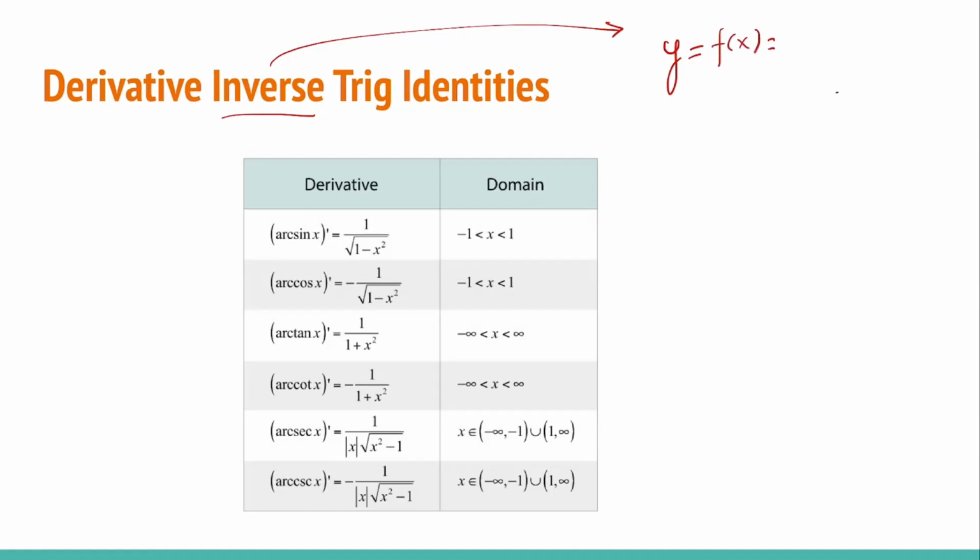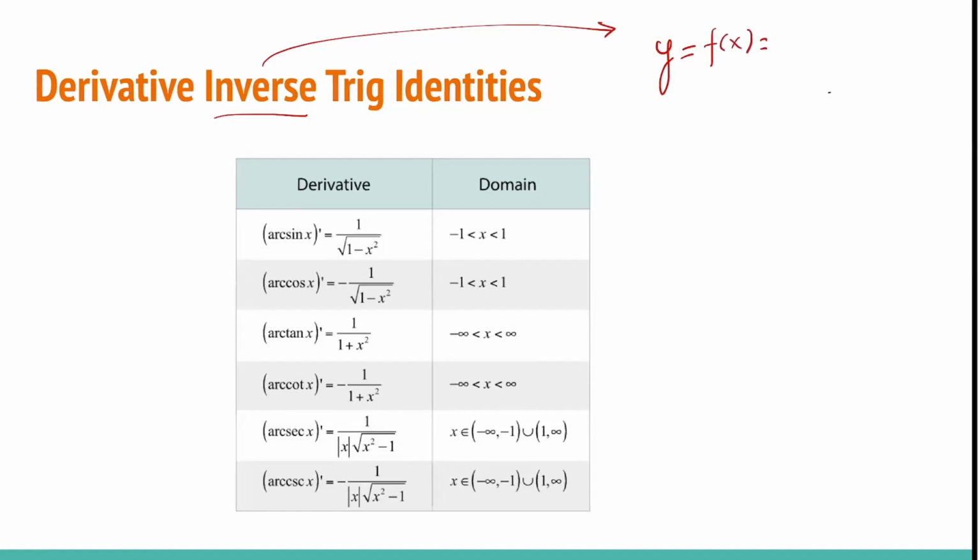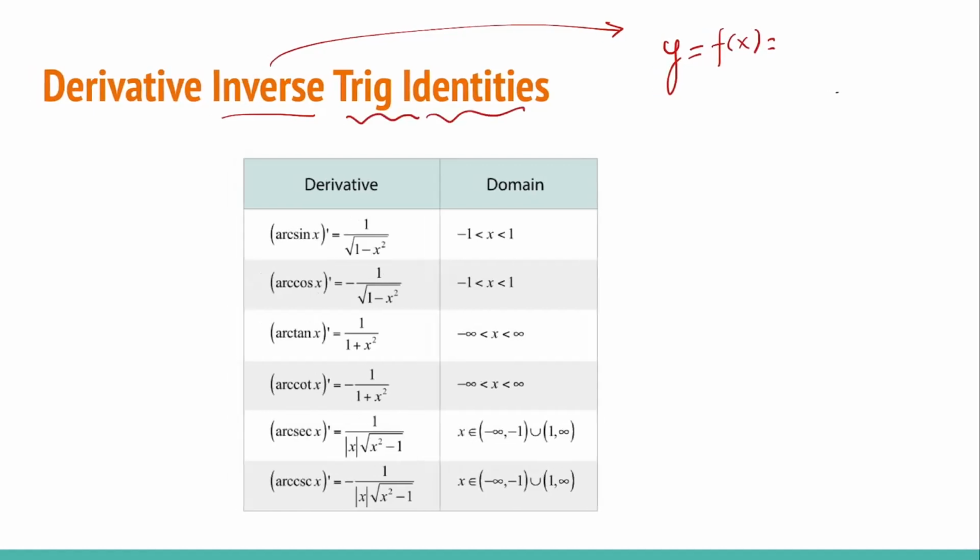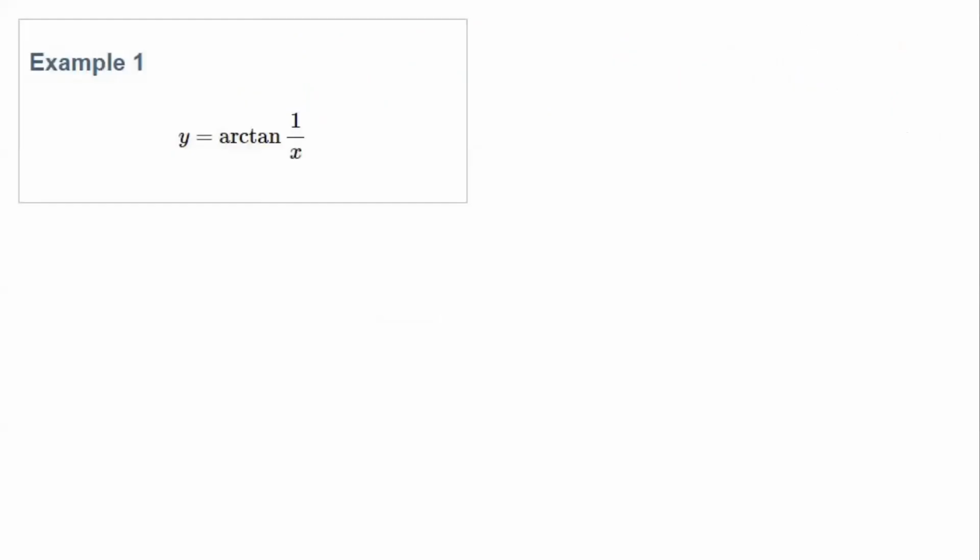In this case, we're dealing with trigonometry, so we should write something like tan inverse x or sine inverse x. Anytime you see the power -1, you recognize this as an inverse trigonometric function. With this brief introduction, let's go to the problem.